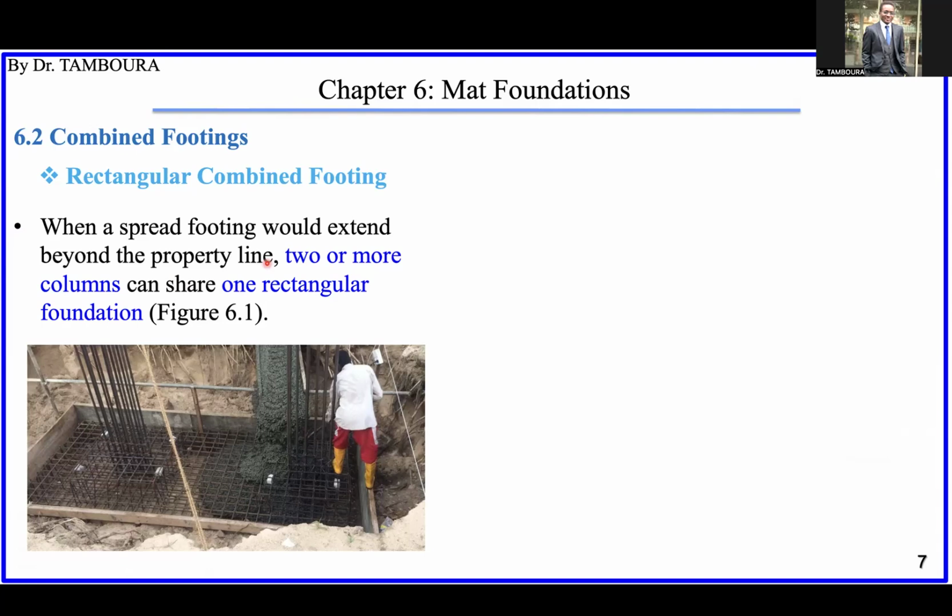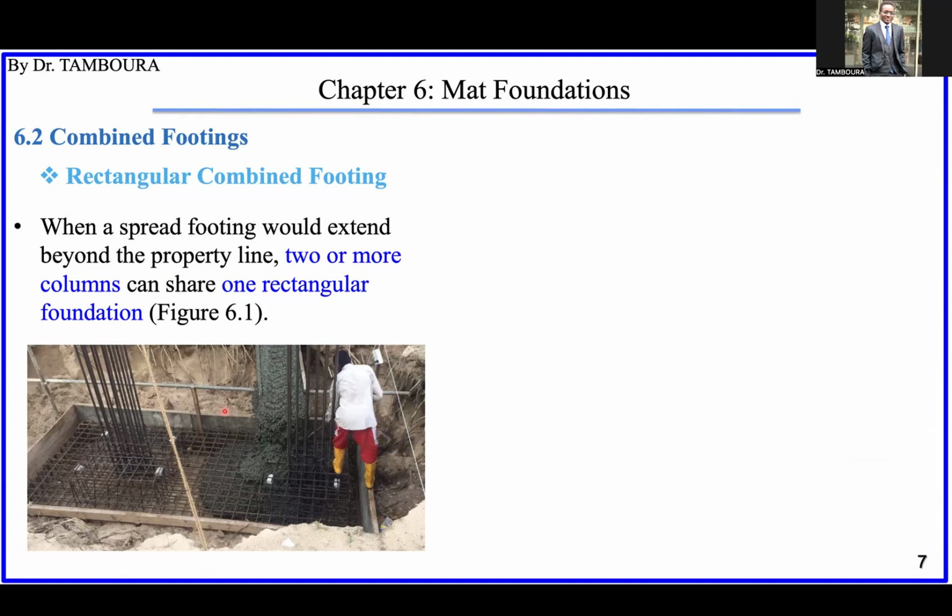If you want to build a house near the limit of your land, and you do an isolated footing, the size would be over the limit, and you cannot go to the neighbor's land to build your foundation. So in that case, you have this kind of solution.